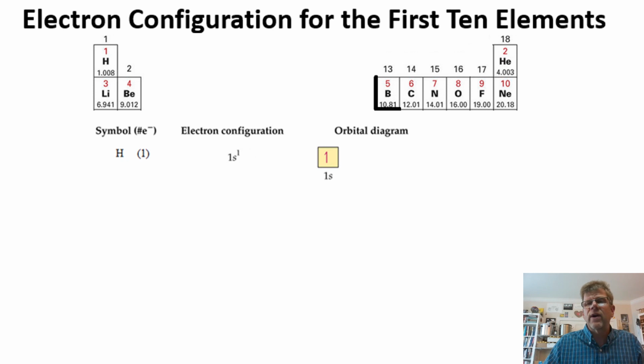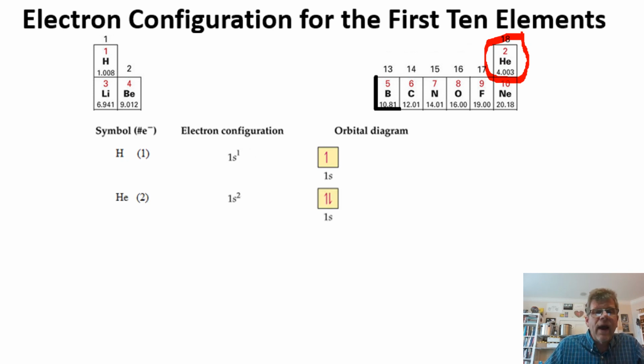Move all the way across that line to the end of that first row, only 2 elements in it. We have helium with atomic number, number of protons, 2, also number of electrons, 2. So we now have 2 electrons to deal with. Again, we are energy level 1, s, but that s orbital can hold 2 electrons.